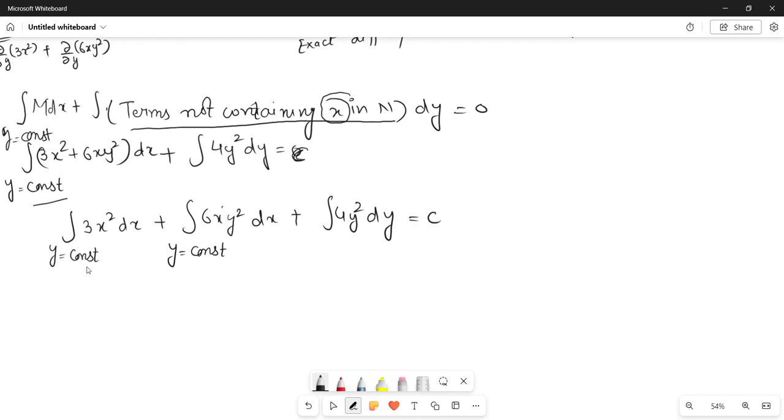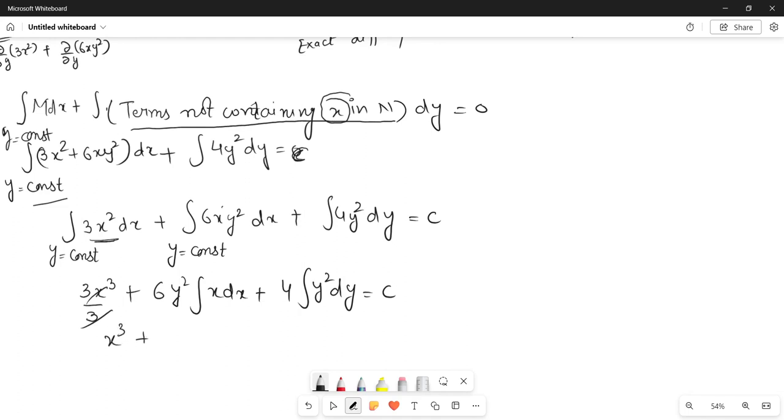Further, there is no term containing y in the first, so you can write 3x cubed by 3, which is the integration of that. Again, 6 is a constant and y squared is a constant, so the integration is left over dx, plus 4 is a constant with y squared dy, equals to c.